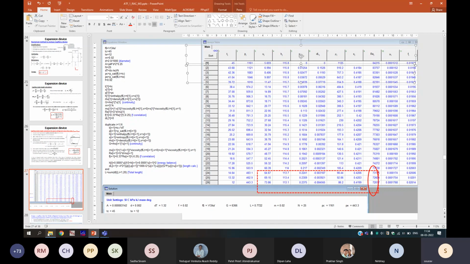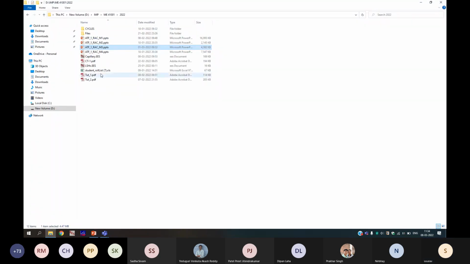Okay, so I have the code. If it works. A different version.